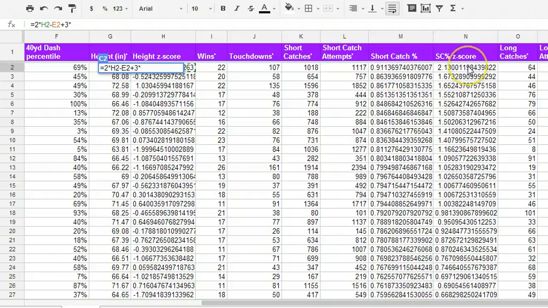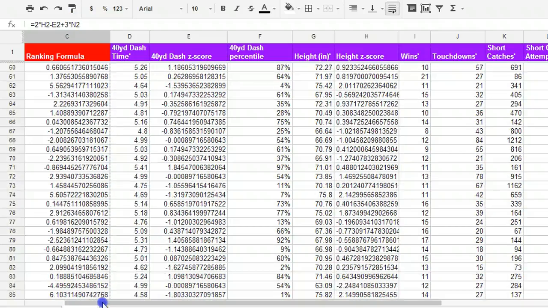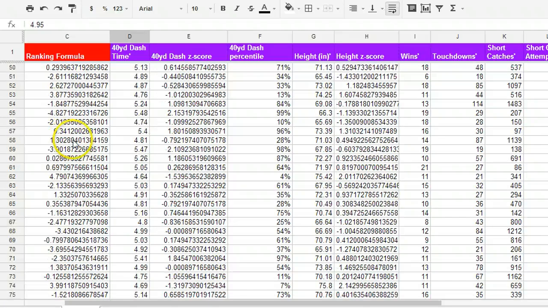Short catching percentage z-score right there. Hit enter, and now we have our new formula that includes 40-yard dash time, height, and short catching percentage. Drag that down, and I have all my new scores.